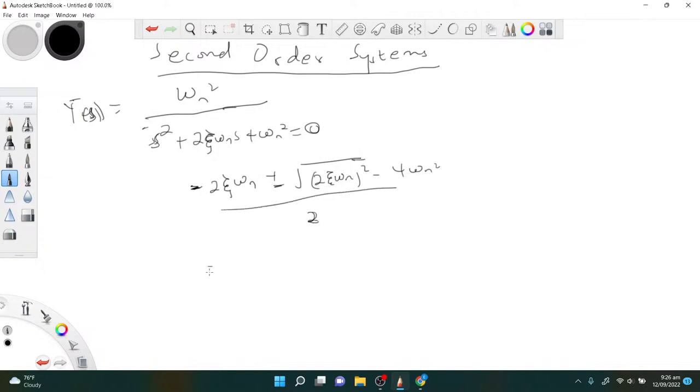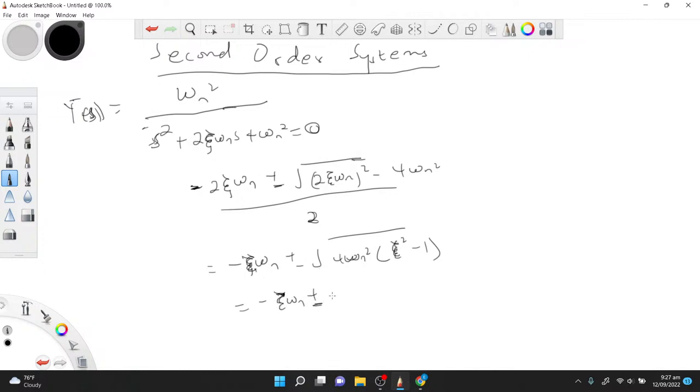So that will give us negative zeta omega n plus or minus the square root of 4 omega n squared (zeta squared minus 1). So which will give us negative zeta omega n plus or minus this.